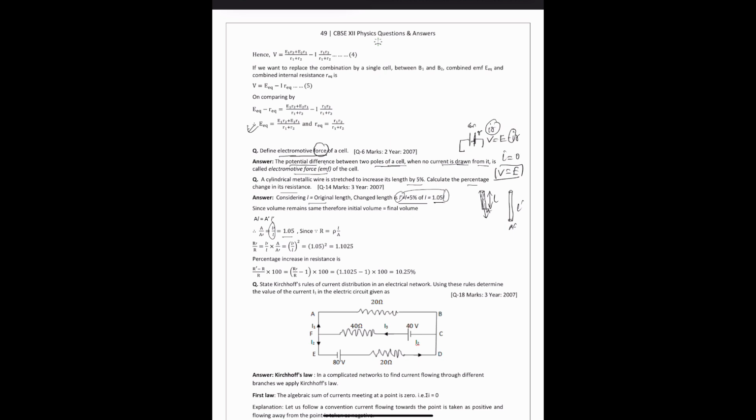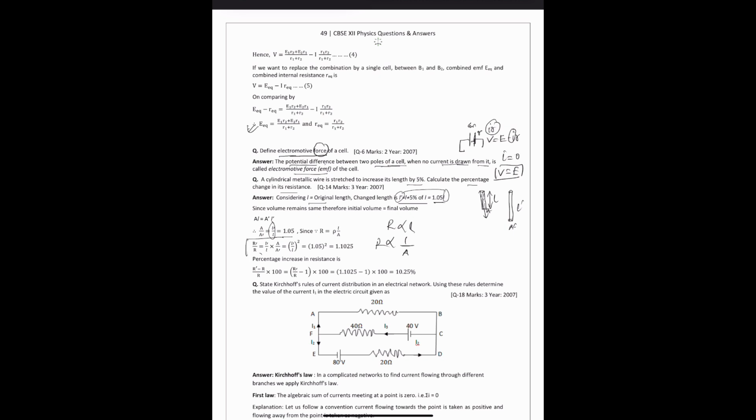Now, how are area and R dash related? Resistance is proportional to the length and inversely proportional to the area.